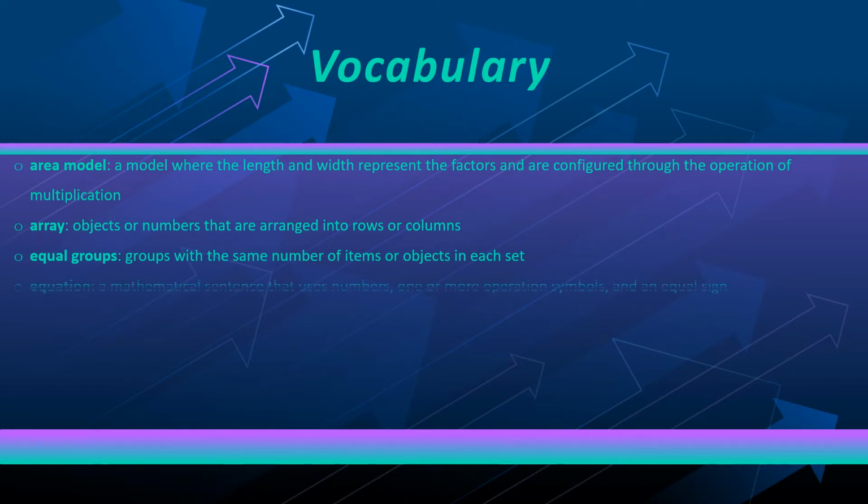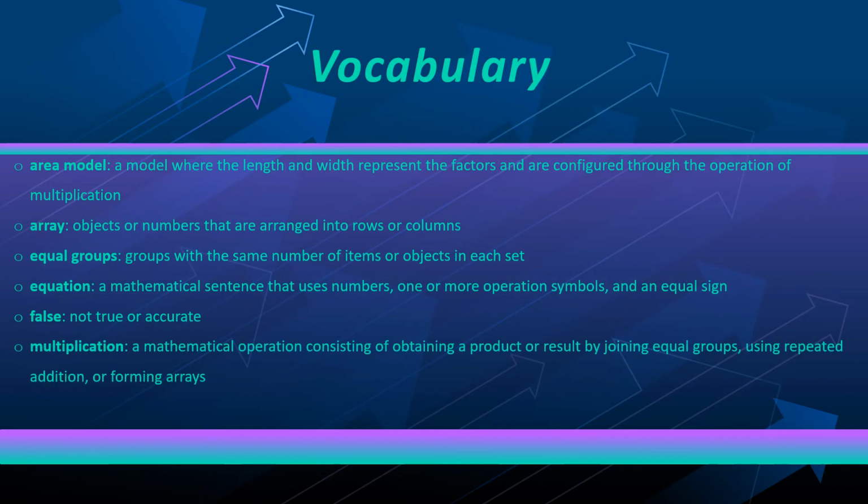Equal groups is another. Equation, keeping in mind that an equation must have an equal sign, whereas an expression does not. This is often a misconception for students and can easily be mixed up. False, not true or accurate. The word multiplication, the operation. Product, true.